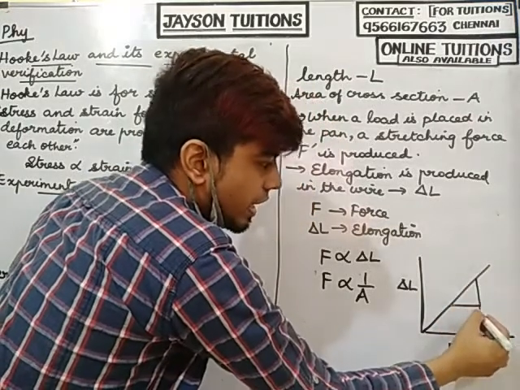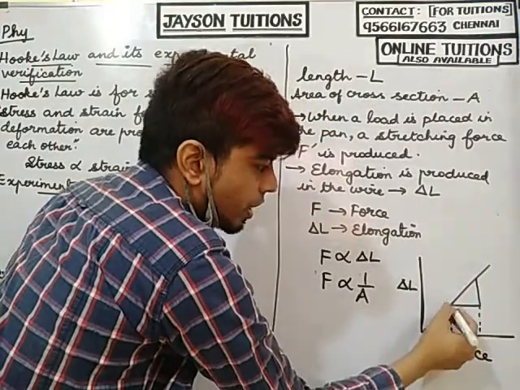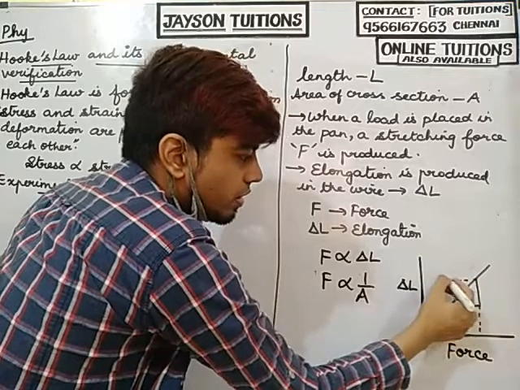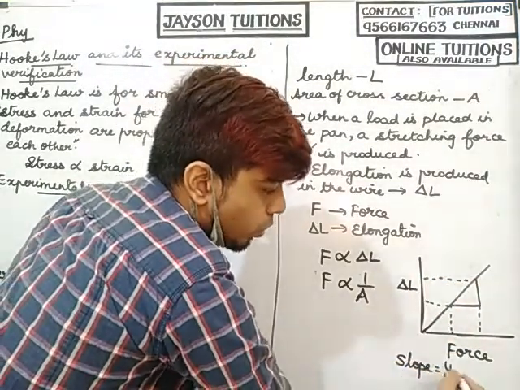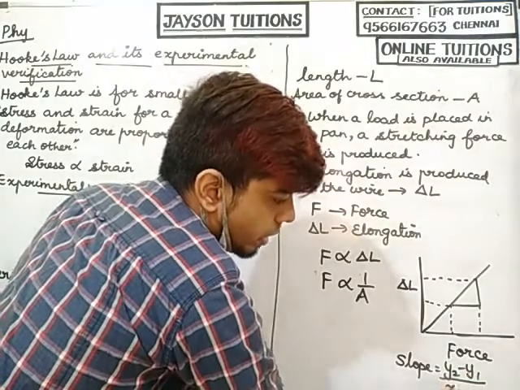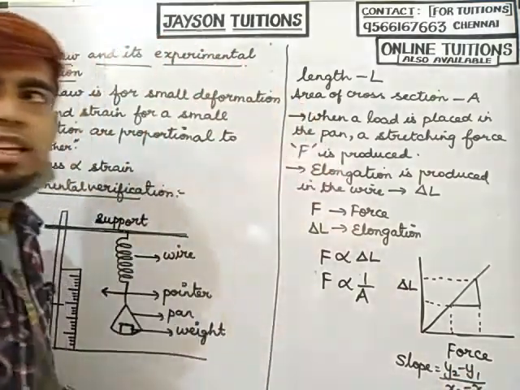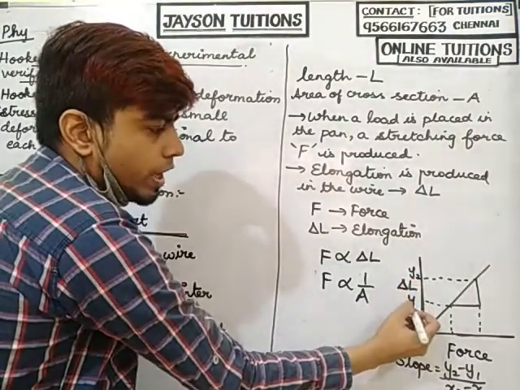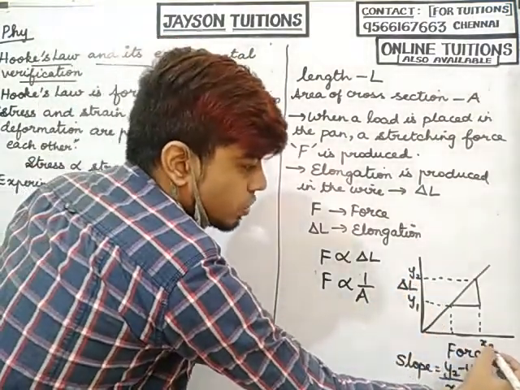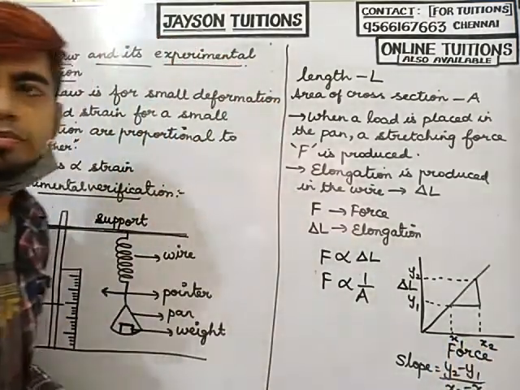From this I can find out the slope. What is the formula for slope? Slope is equal to y2 minus y1 divided by x2 minus x1. This is y2 value, y1 value, this is x2 value, x1 value.